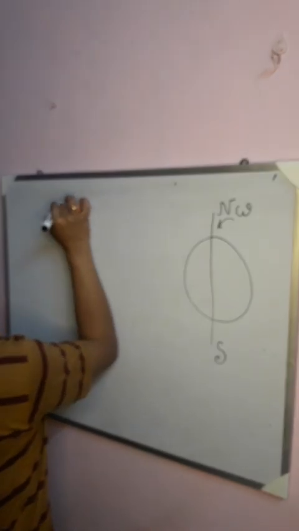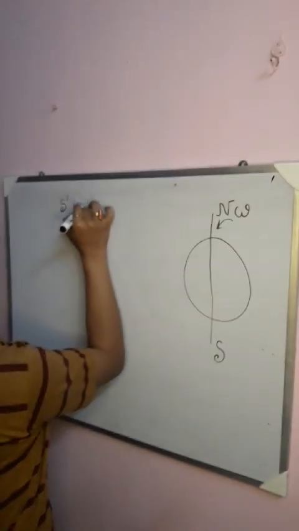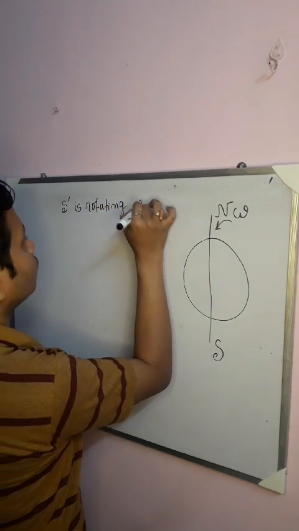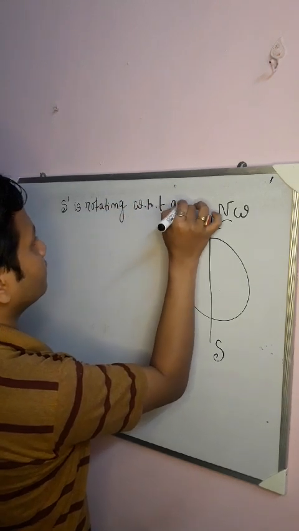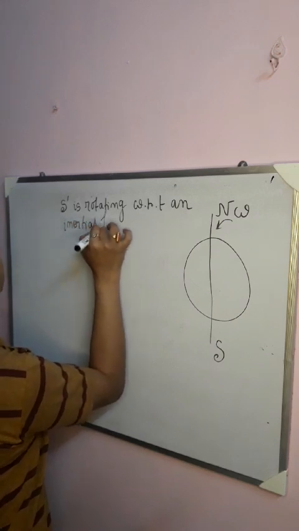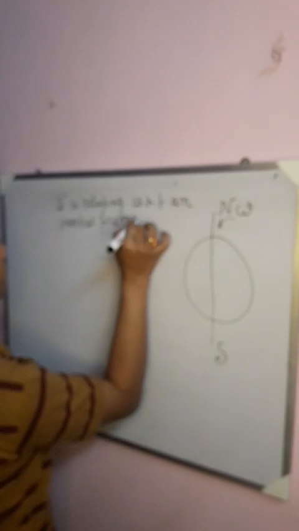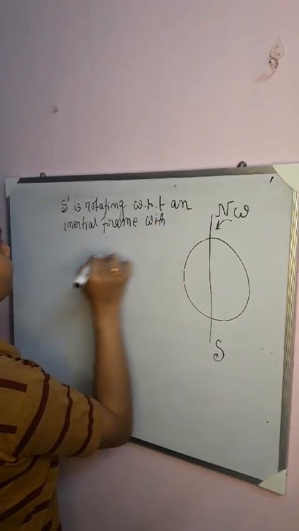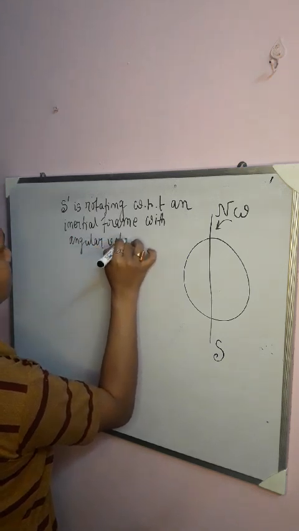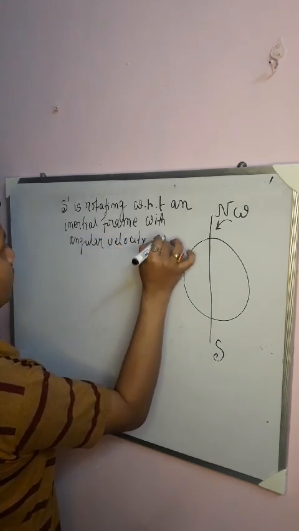Okay, so S dash is rotating with respect to an inertial frame with, say, angular velocity omega.